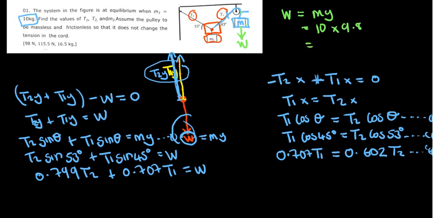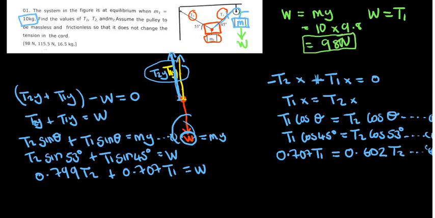So the weight force is giving us 98 newton. Since the weight of that object is equal to the tension 1, that is our tension 1.